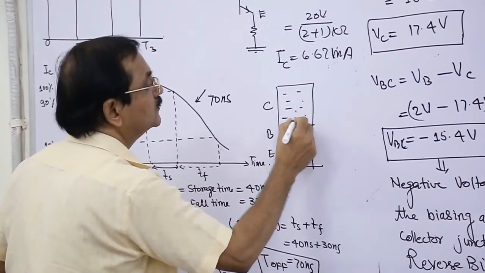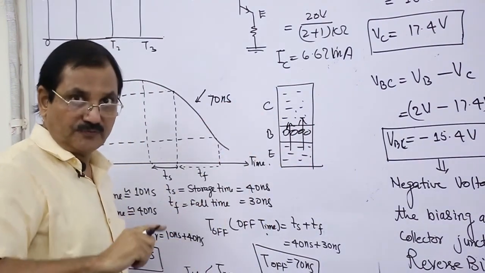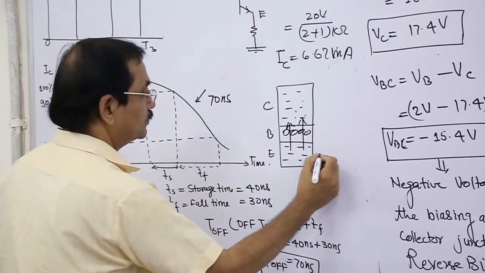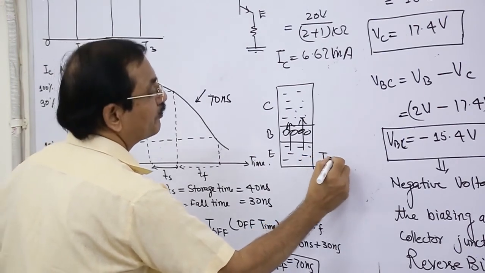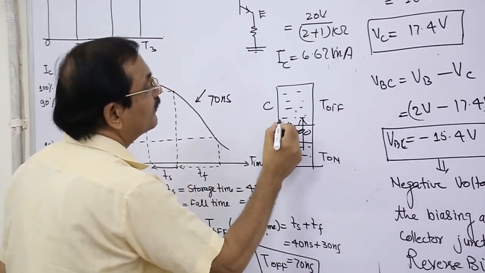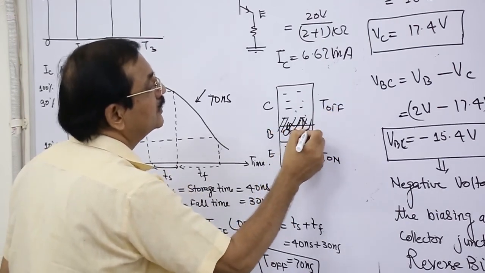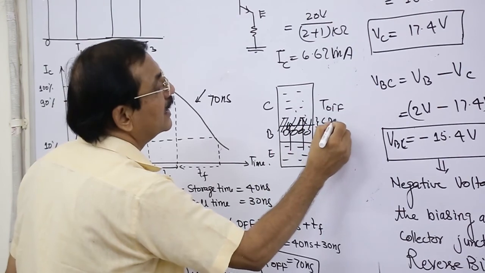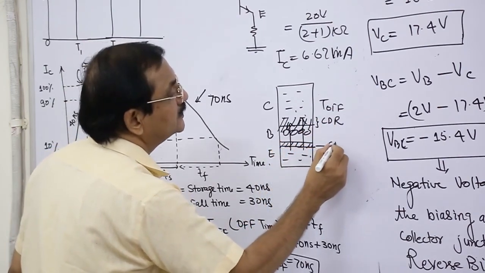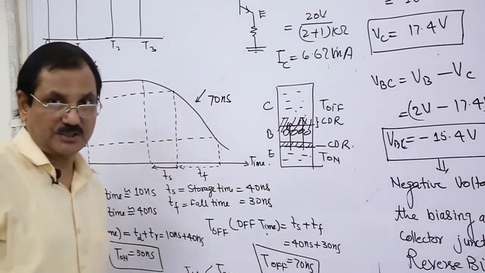So, these are the charges that flow, the fast moving charge. So, this is T on and this is T off. T off gives this condition, that is the CDR across the junction.